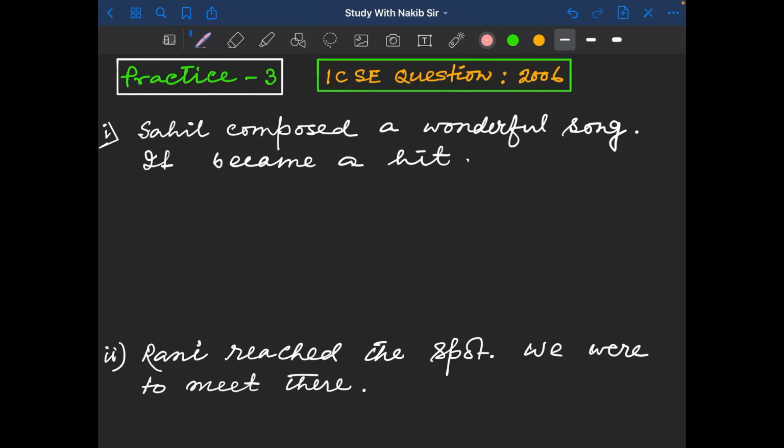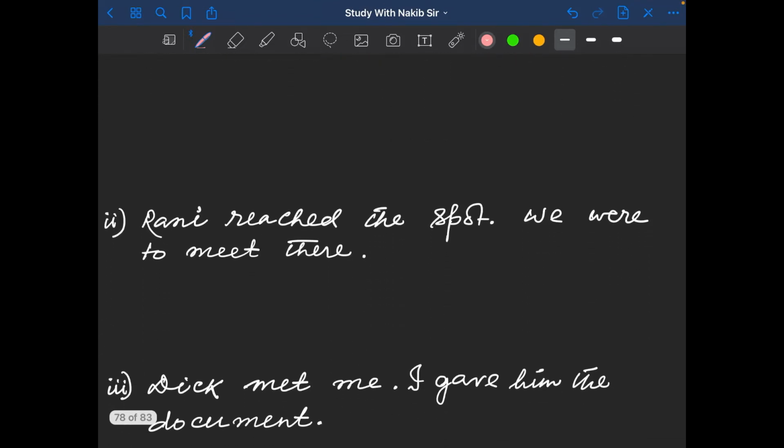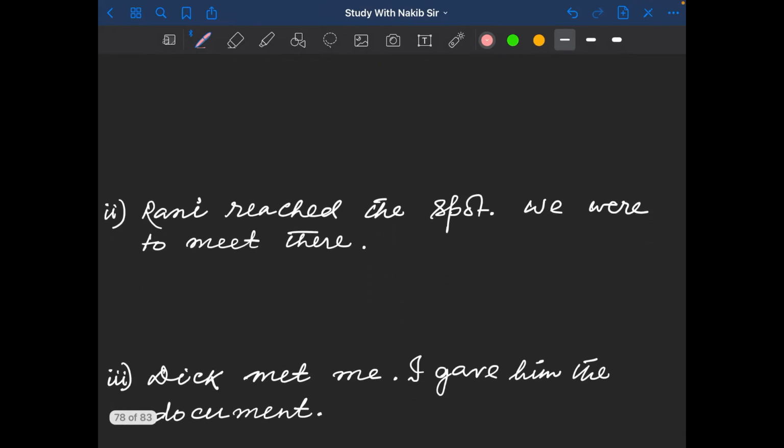Sahil composed a wonderful song. It became a hit. Number 2, Rani reached the spot. We were to meet there.